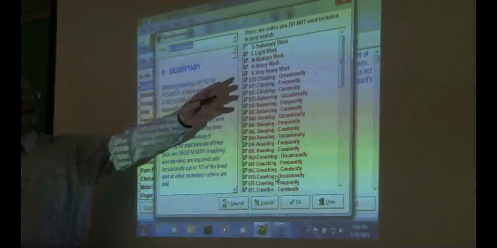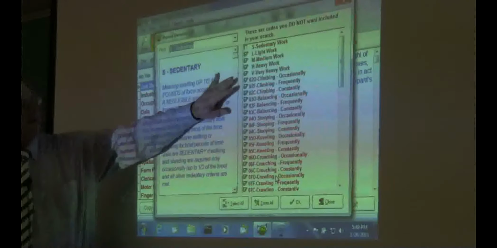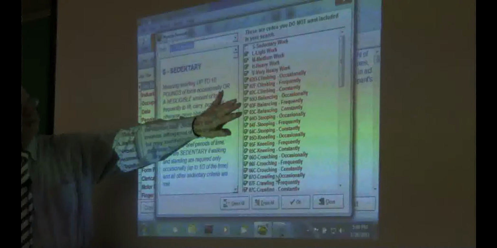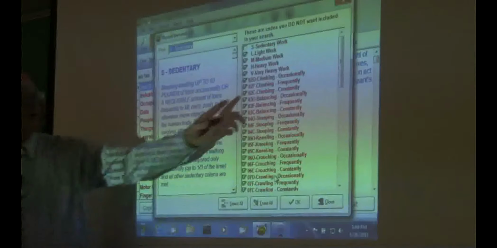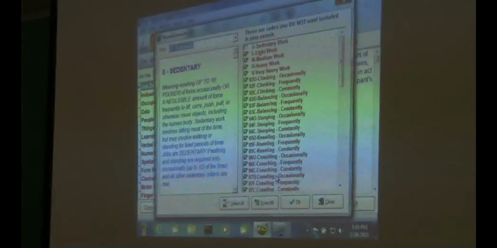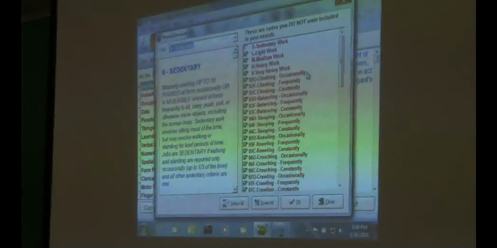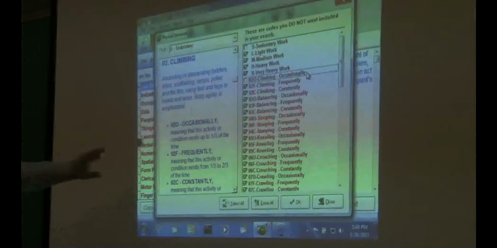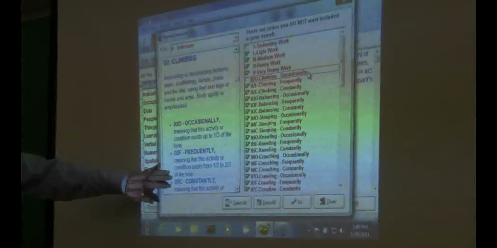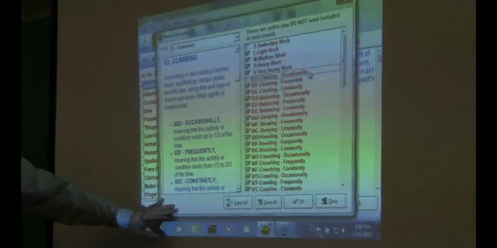And we're going to get rid of light work, medium, heavy, very heavy, no climbing, balancing, stooping, crouching, crawling. All of these things are on an occasionally, frequently, and constant basis. So occasional would be like up to 1/3 of the time, frequently 1/3 to 2/3 of the day, and constant would be above 2/3. Okay?